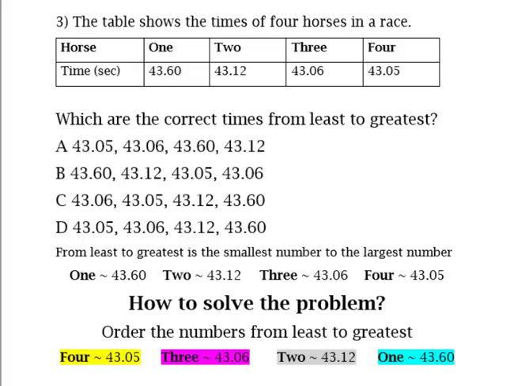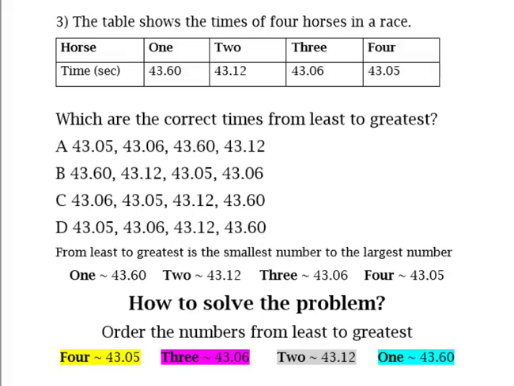Even though they're after the decimal point, the values are still the same. So for instance, we have that 43.05 is smaller than 43.06. Why? Because when we're counting, 5 is smaller than 6.